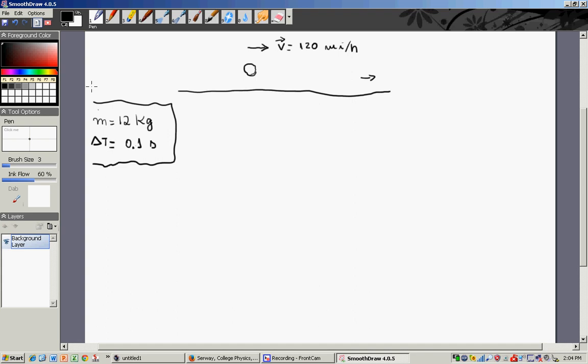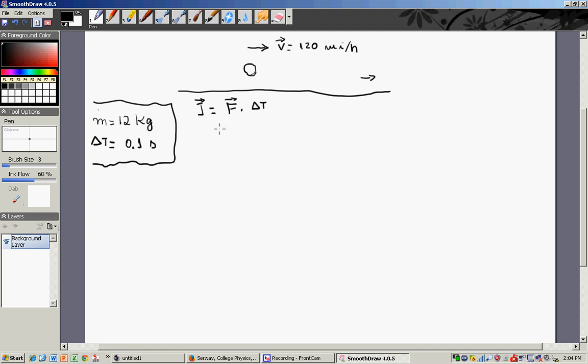The concept we are going to use here is impulse. Remember that one? Impulse is a vector, and it is given by the product of force and the amount of time that force acts. As we discussed in class, usually when these collisions take place, the force responsible for the stopping process is not uniform.